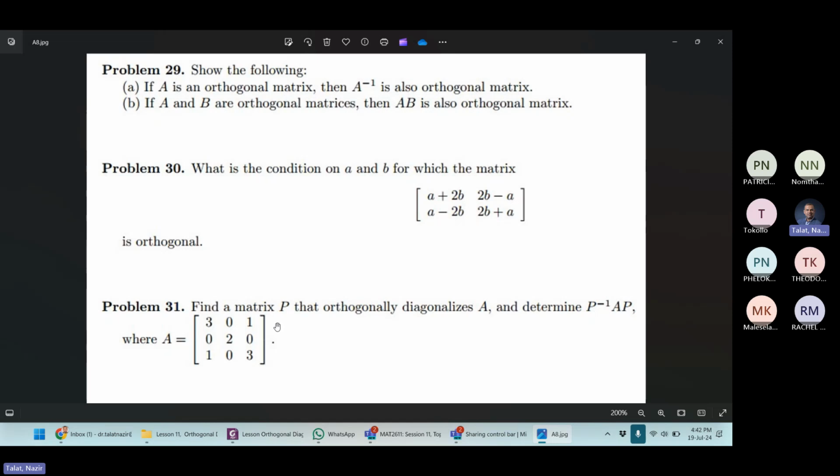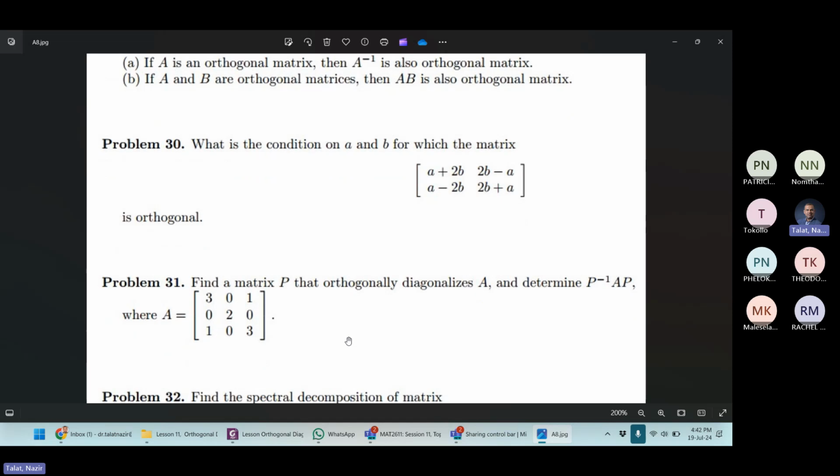for those eigenvalues that are repeated, of multiplicity 2, you need to apply the Gram-Schmidt process. When you get the orthonormal basis, make them the columns of a matrix P, and that matrix P will give you P transpose AP equal to D, where you always obtain the diagonal entries.